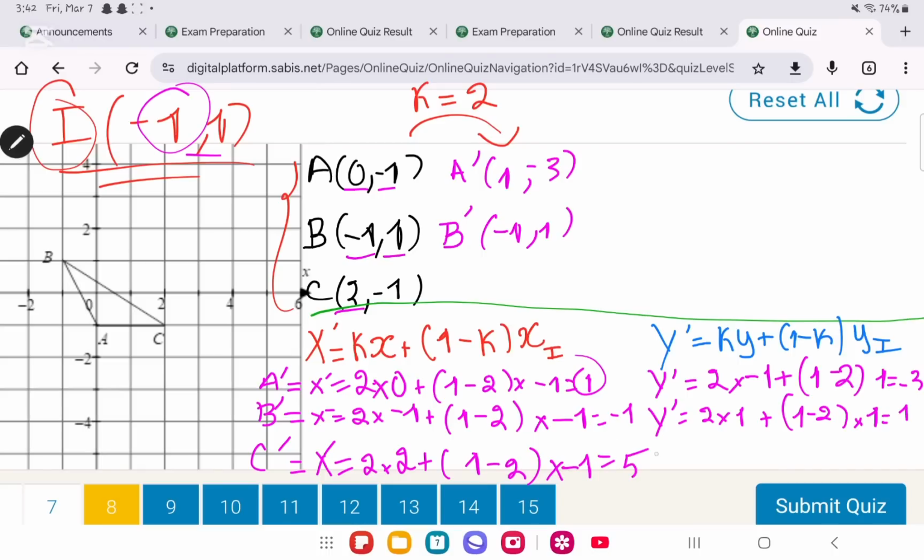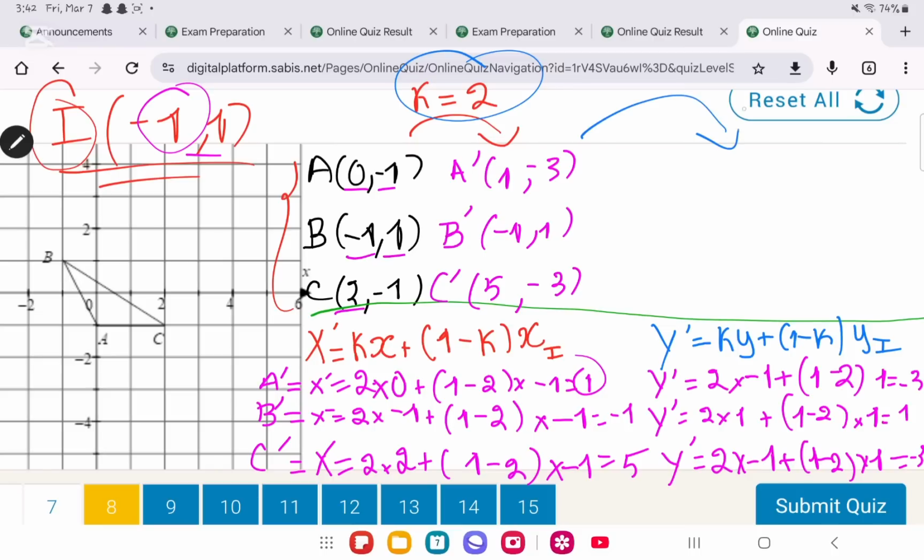However, to find its y prime, it is gonna be the constant k, 2, times minus 1, plus 1 minus 2 times 1. And if you put it on the calculator, you're gonna get an answer of minus 3. So we found C prime to be 5, minus 3. Just like that, we finished the enlargement.